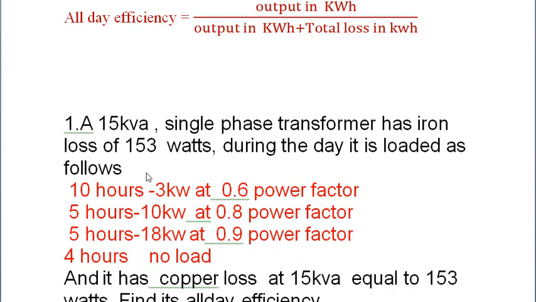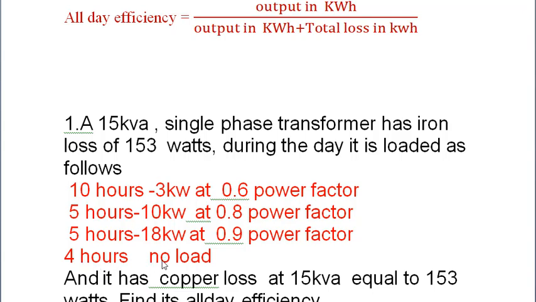So let us see. Suppose we have a single phase transformer with 15 kVA rating and it has an iron loss of 153 watts during the day. It is loaded as follows. 10 hours, the load connected is 3 kilowatts at 0.6 power factor. 5 hours, 10 kilowatts load at 0.8 power factor. 5 hours, 18 kilowatts load connected with 0.9 power factor.